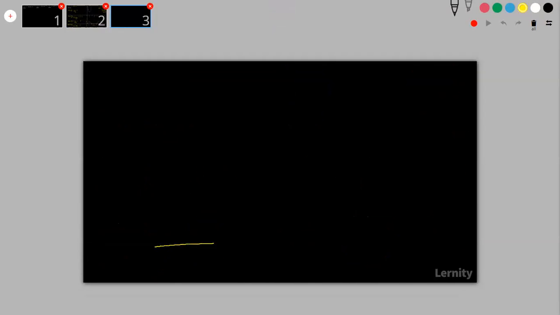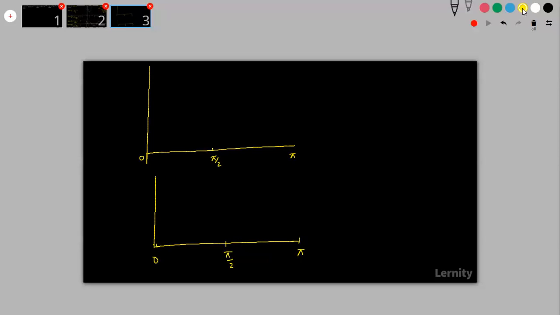Suppose this is the x axis, this is 0, this is pi by 2, and this is pi. And this is the y axis for both.